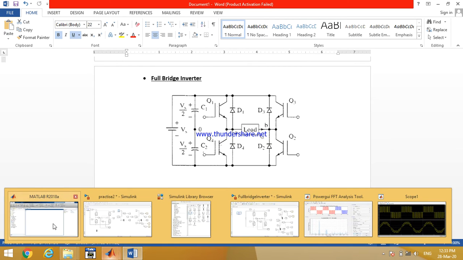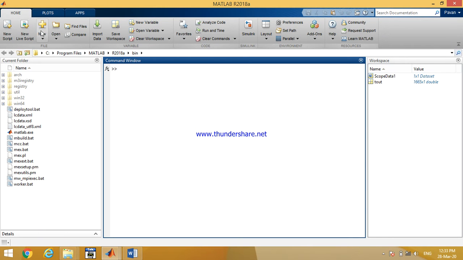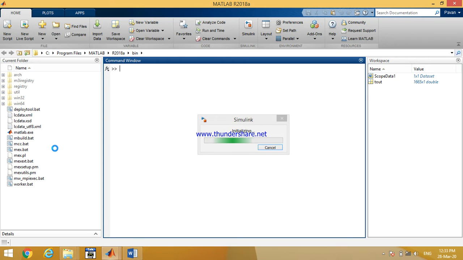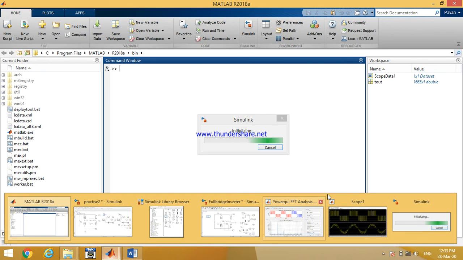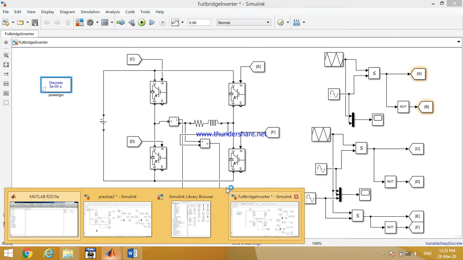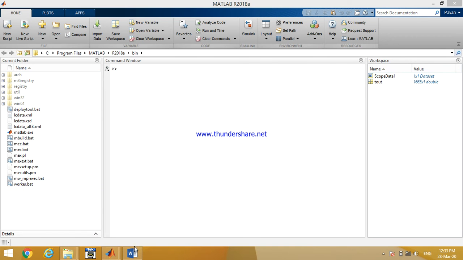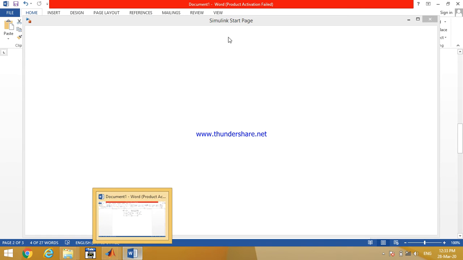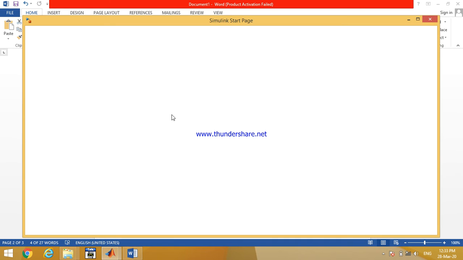So we are going to the simulation software. We are taking a new Simulink model. In the new Simulink model, we'll select the new file.